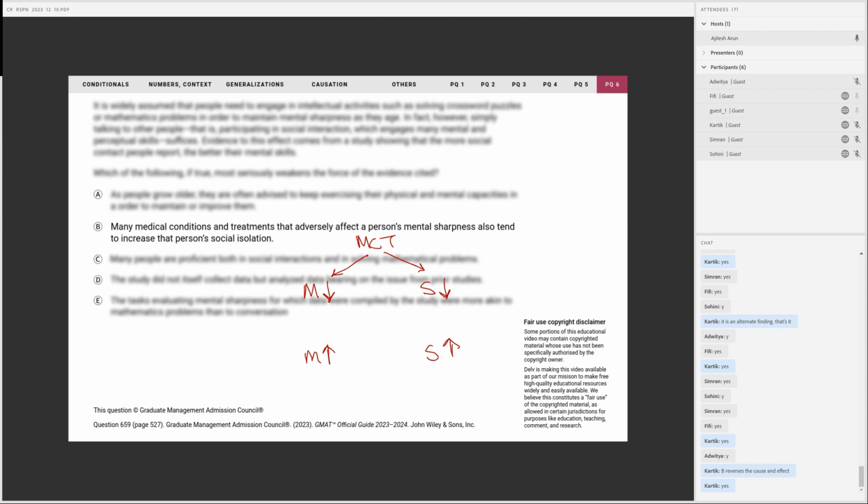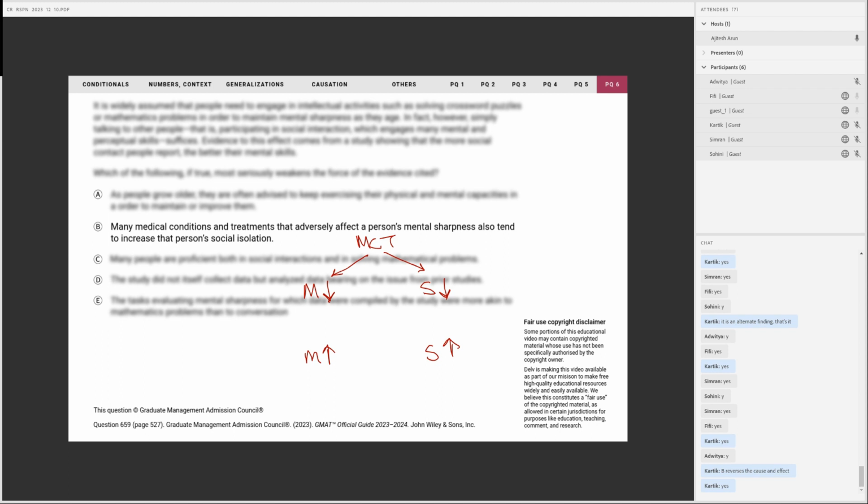So it is not a relationship between S and M. It is a relationship between MCT and S and MCT and M, and therefore the relationship between S and M. So the argument came to the conclusion that S can improve M. That has been weakened by showing that there is a common cause for both of these things.